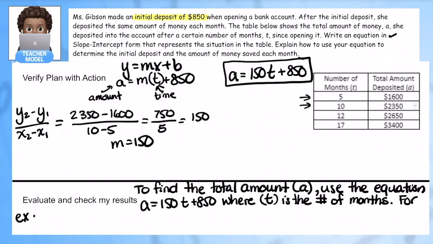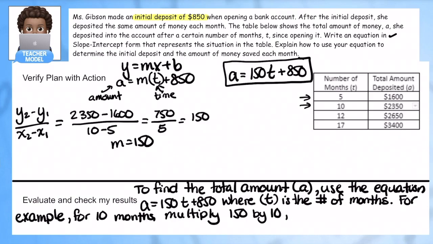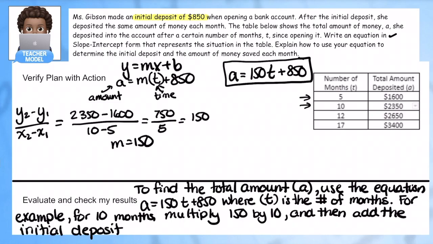For example, for 10 months, multiply 150 by 10, and then add the initial deposit, 850.